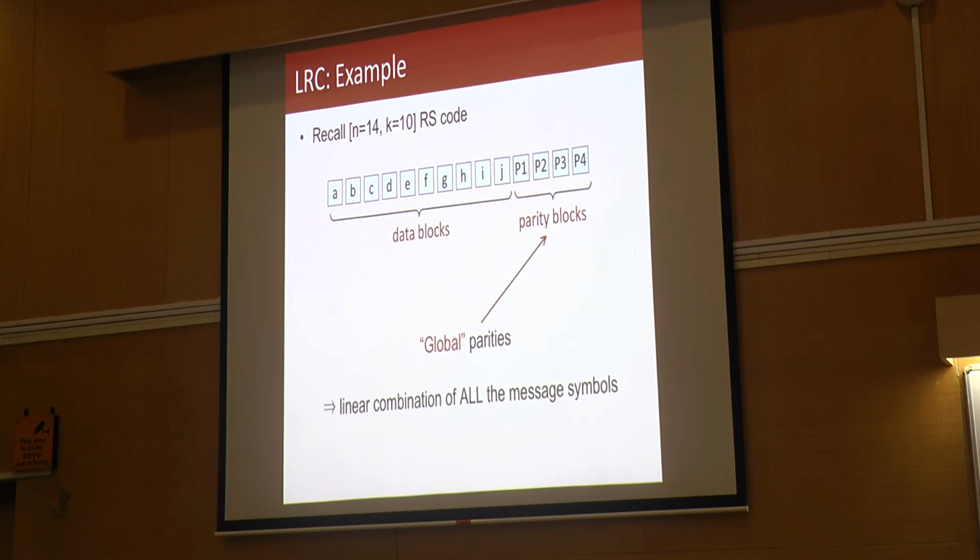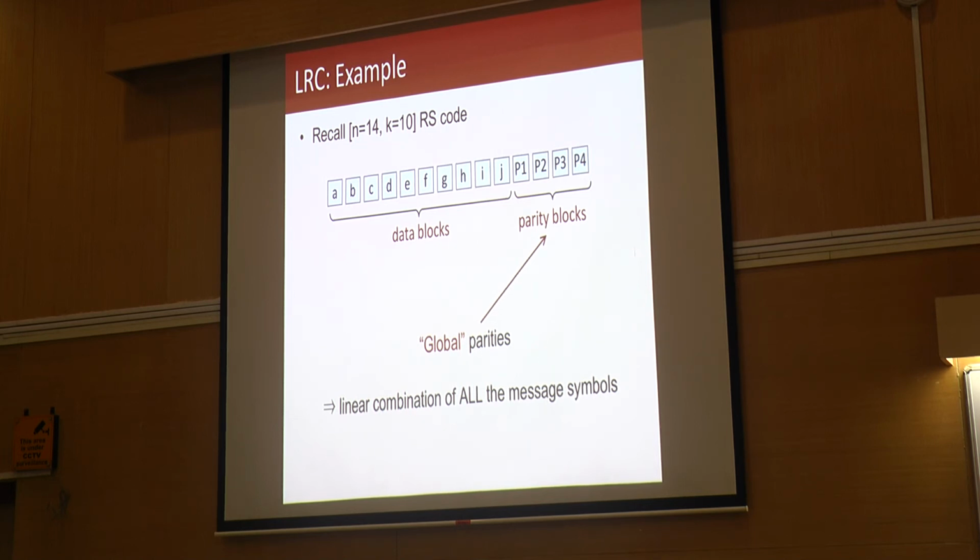So every parity symbol better have something about each of the message symbols, right? Because any of the message symbols can be missing, n minus k of them can be missing, and then the n minus k parities need to give us n minus k linearly independent equations in those missing message symbols, right? So thus, every one of those parities in MDS codes needs to be a function of all the message symbols, with some information about each of them.